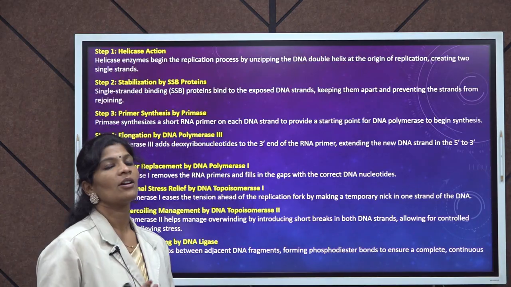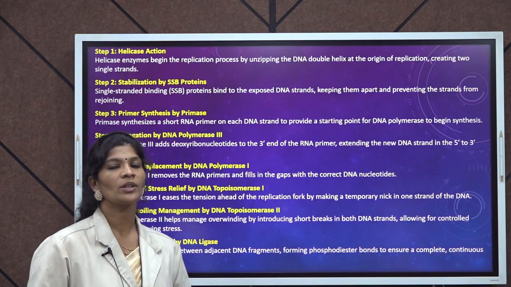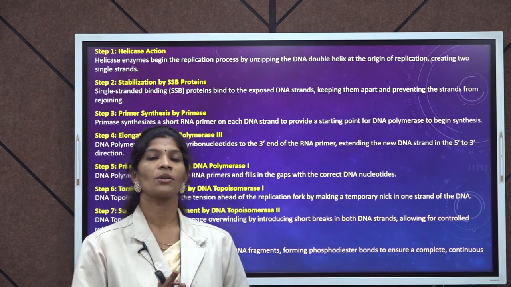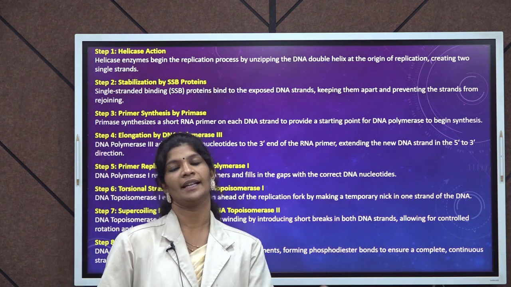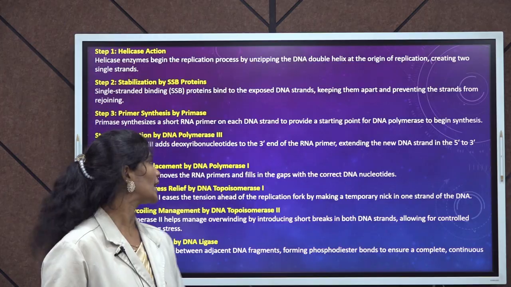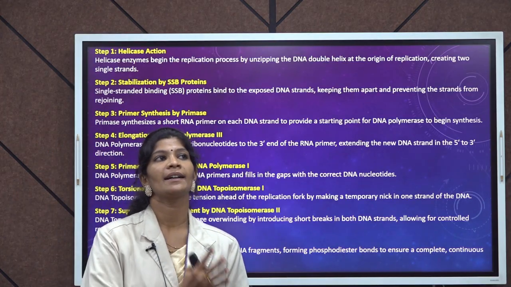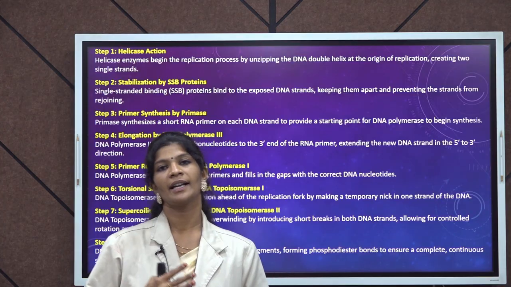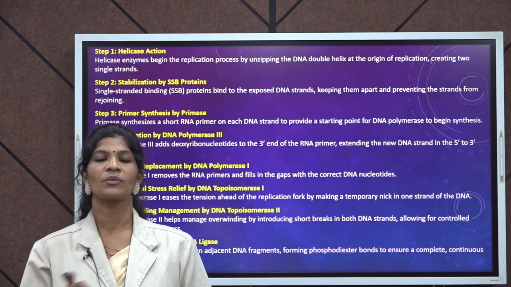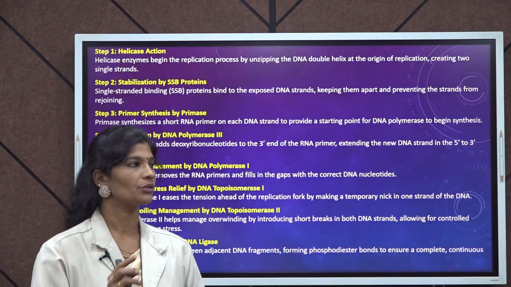Step 4 is elongation by DNA polymerase 3, which adds nucleotides to the growing strands of DNA in both the leading as well as the lagging strand. In step 5, the RNA primer previously added is removed by DNA polymerase 1 enzyme and replaced with DNA nucleotides.